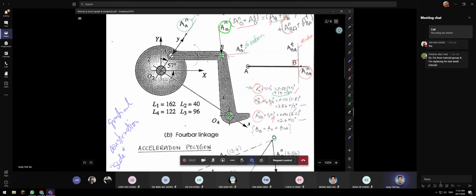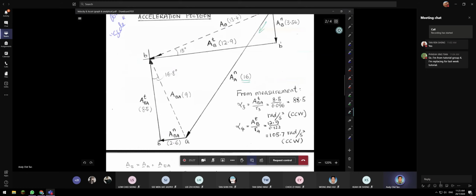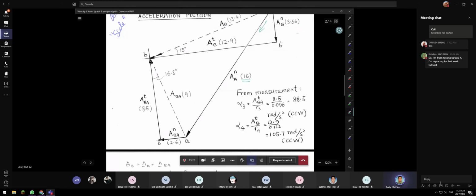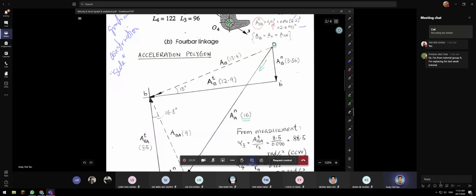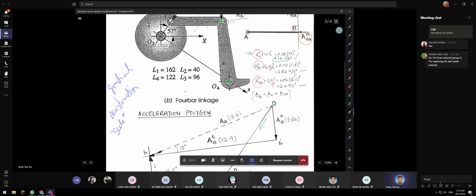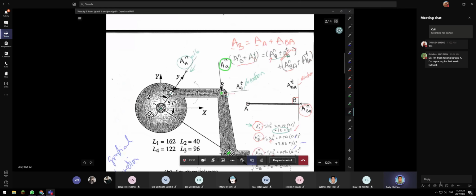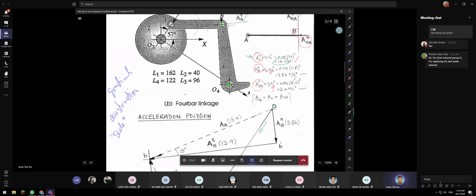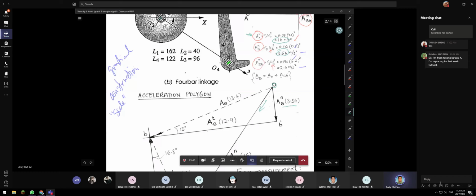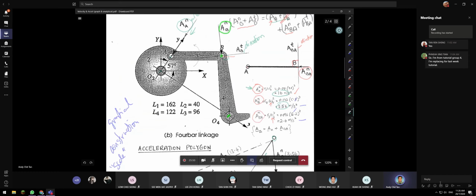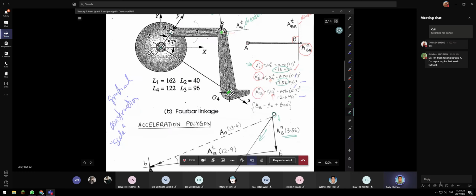Then, because I draw to scale, I can stop at point A, because I start at point A. And then I know acceleration of B normal, which is given by 3.56. So 3.56 here. I draw all the way down, 3.56, and it is parallel to this line here.